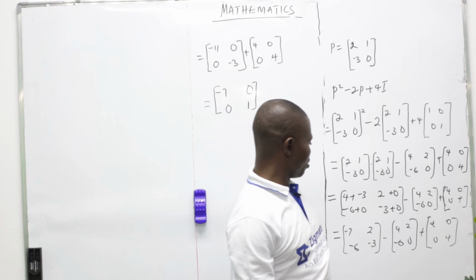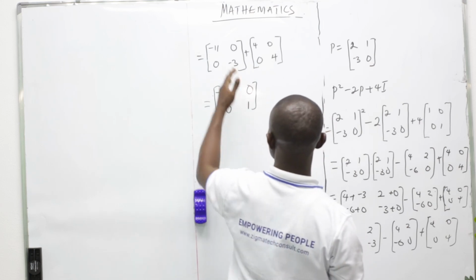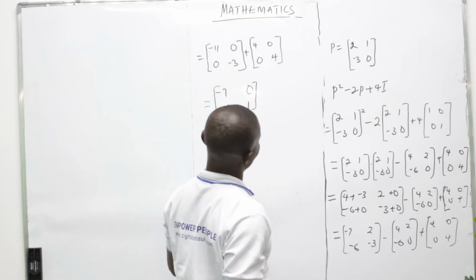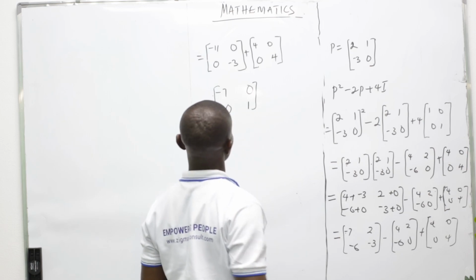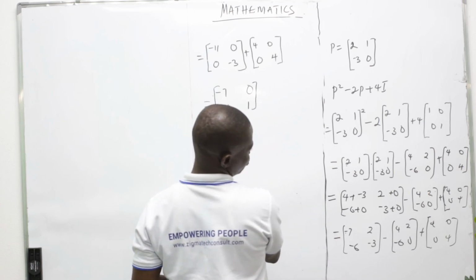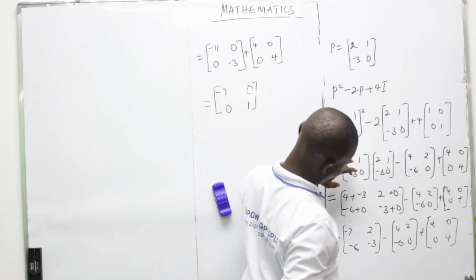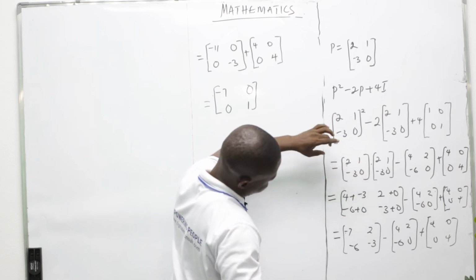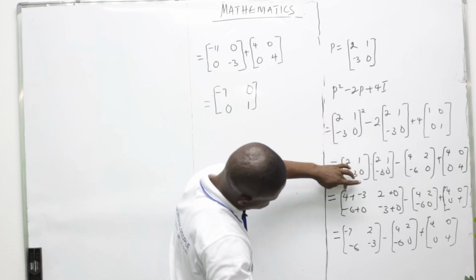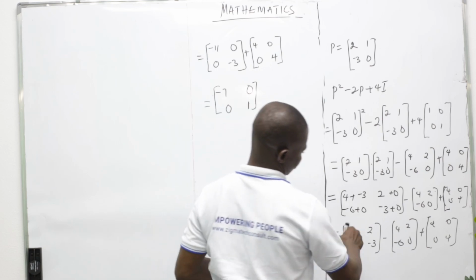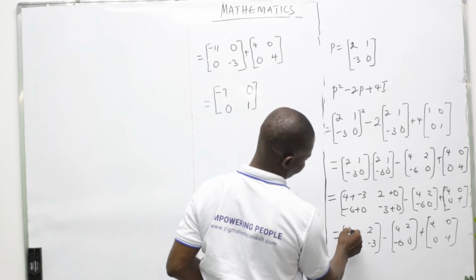That is that for the determinant and the matrix given to us. You take time to multiply. Okay, 4 plus minus 3 here is plus 1.